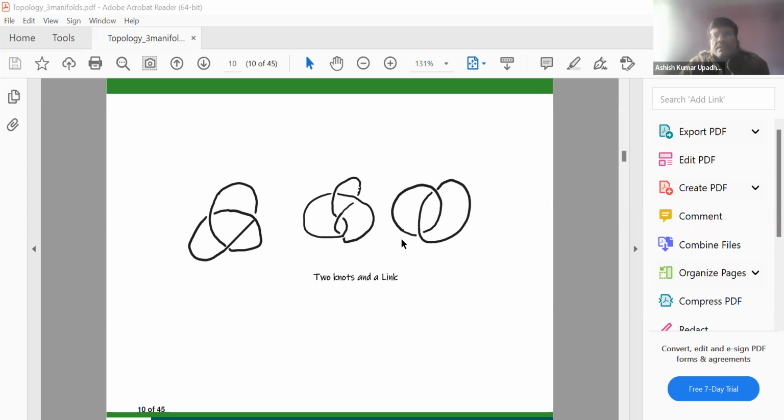You can see there are two circles joined together, but in the first and second figures, there is only one string going on. On the extreme right, in the third figure, there are two strings which are entangled with each other. Okay, so let us move further.